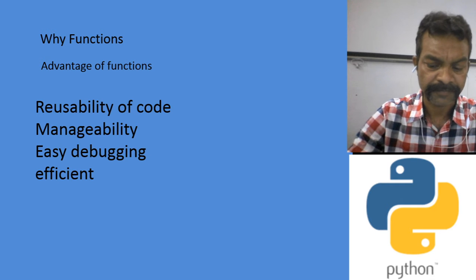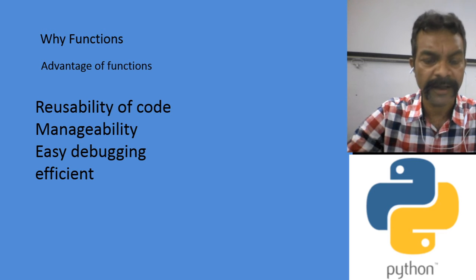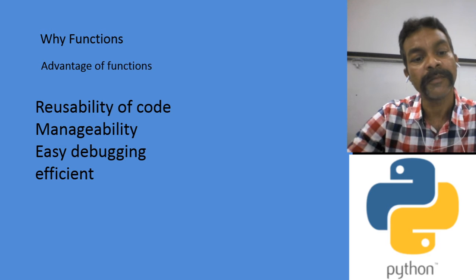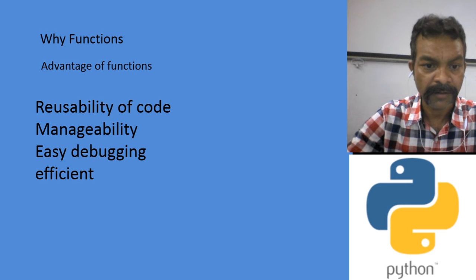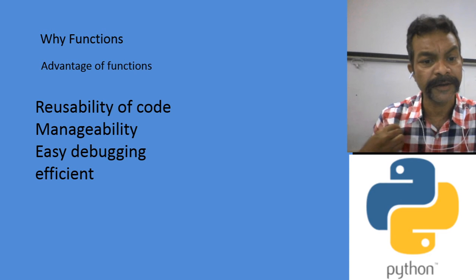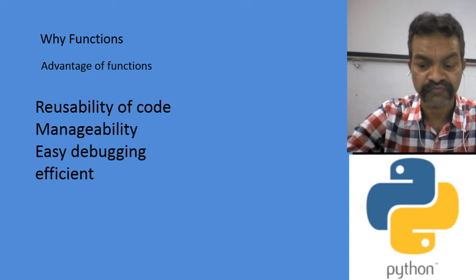Another advantage is easy debugging. Debugging means removing the error. When we use functions in our program, it is very easy for us to find and remove the error. And the efficiency of the program can be increased by making functions in our program.